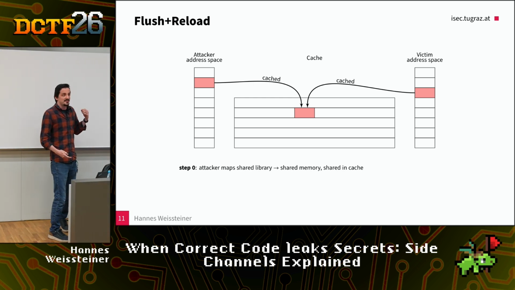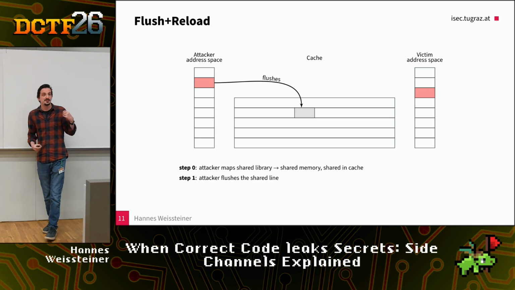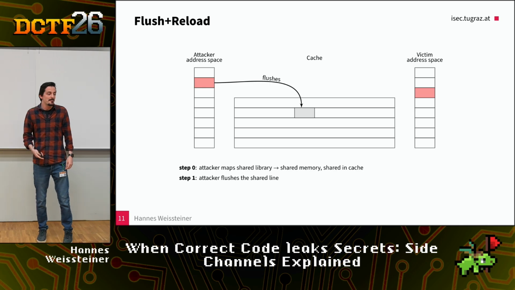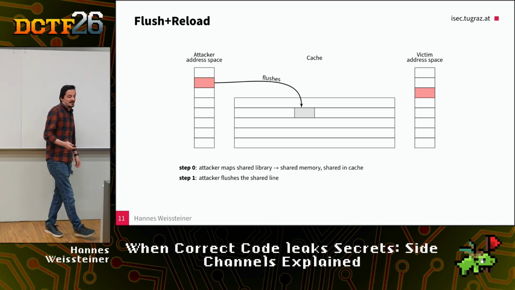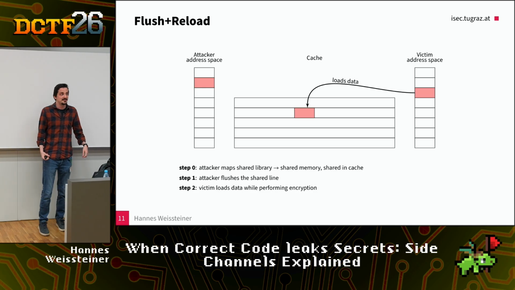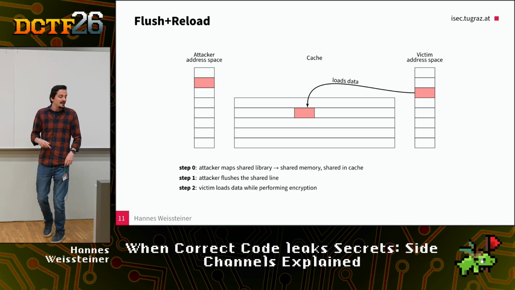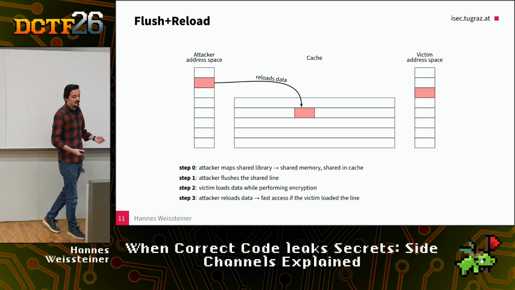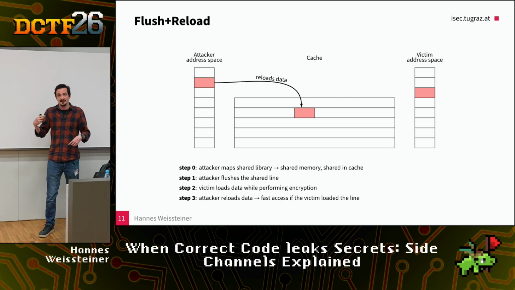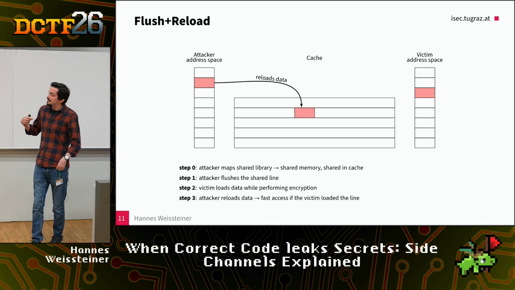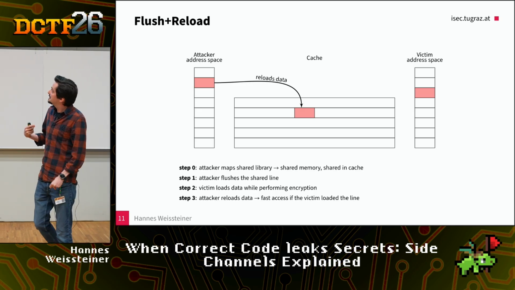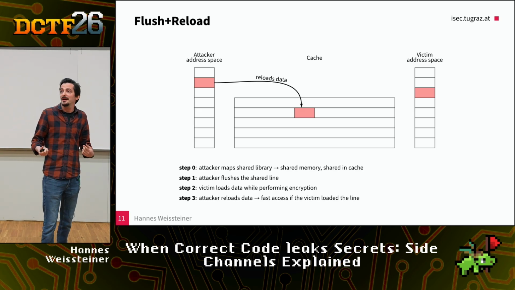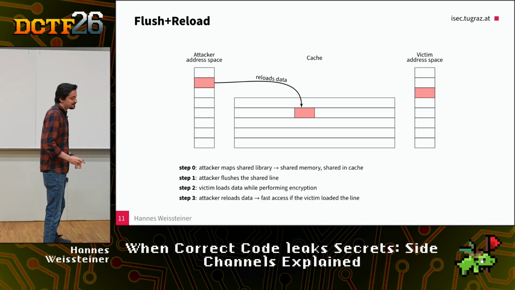Now, what the attacker can do is flush this cache line from the cache. Then it waits a bit. If the victim now accesses this cache line, it's back in the cache. And then the attacker can reload the data, time how long it takes to access this data, and know whether the victim accessed this specific address.